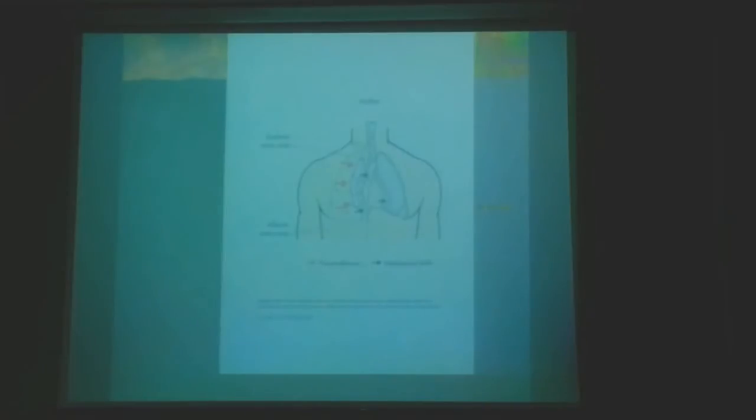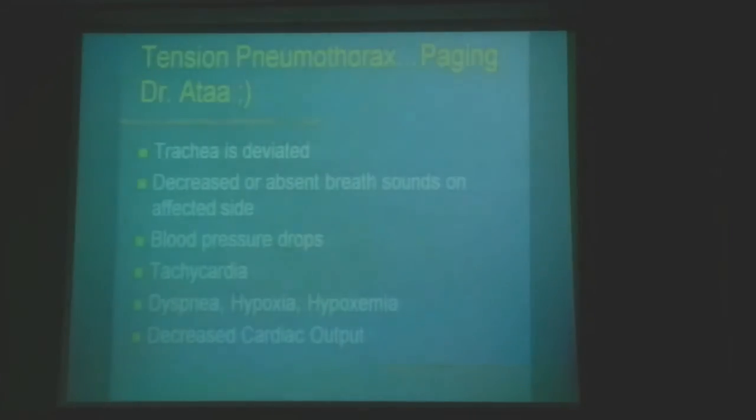The air will collect, compressing the lung until it collapses, and after a while it will start to press on the great vessels and the heart. So what is tension pneumothorax clinically, not radiologically? We'll talk about it. I have one question.